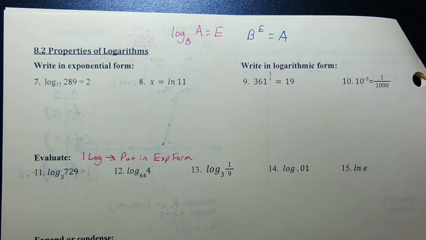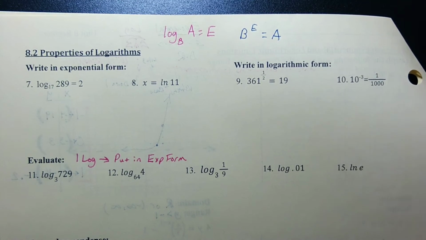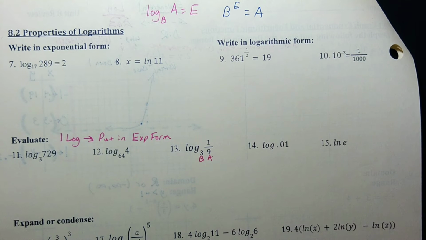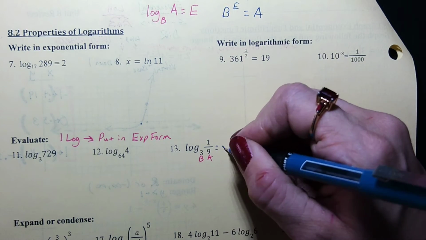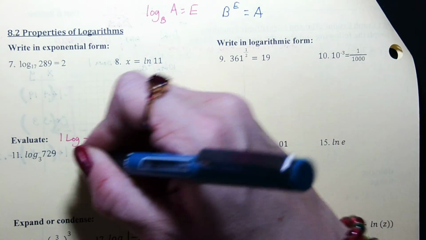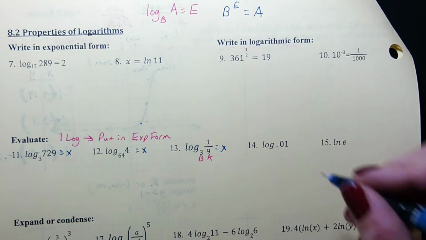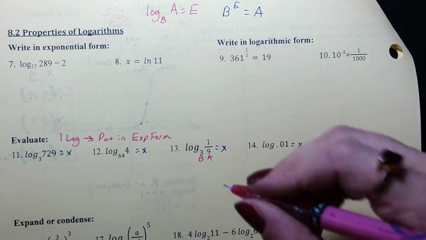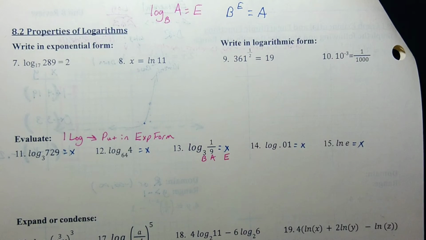Now, if we start number 13, and we're like, big animal, and then we go, oh, what's our ears? You can just put equals X on the end. And I'm going to prompt you to do that on your test as well. When you are evaluating, just put an equals X on the end, because that's what you're looking for. So that's going to be what your ears corresponds to.